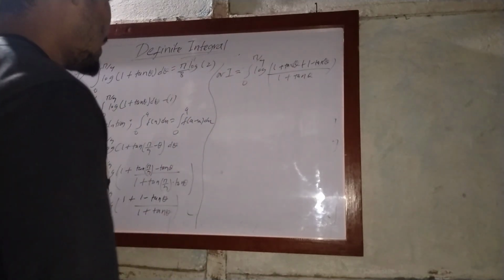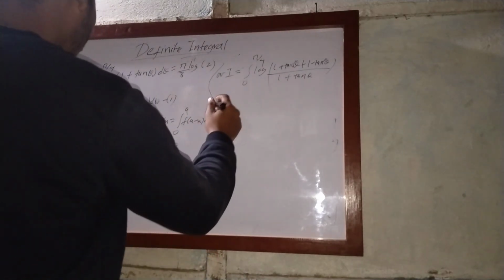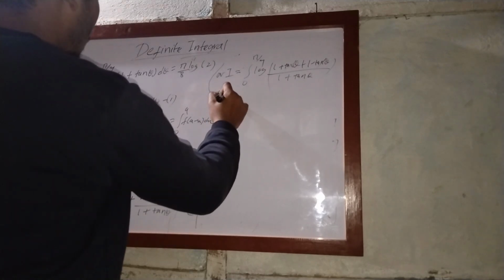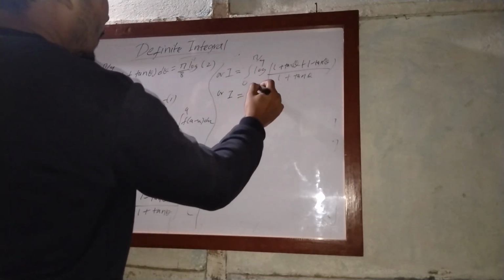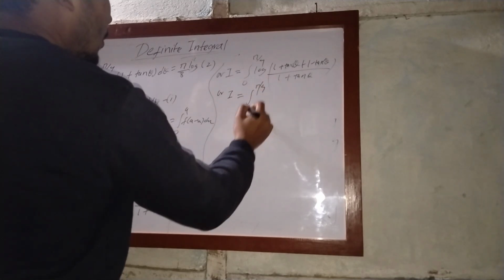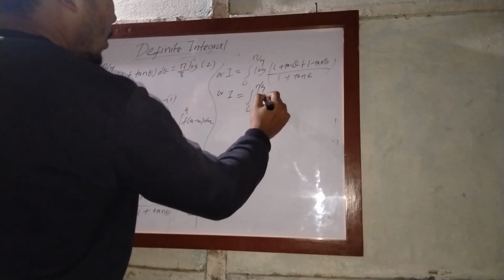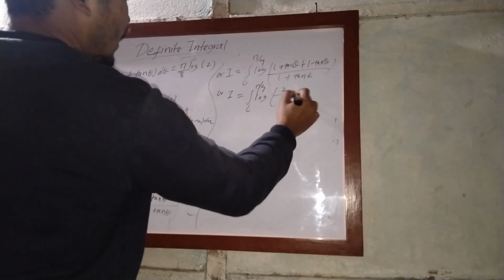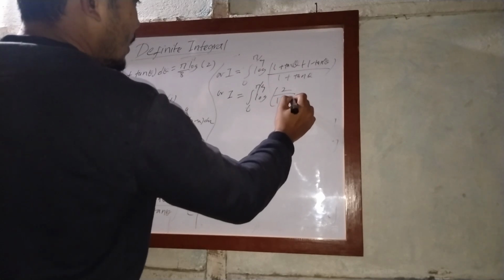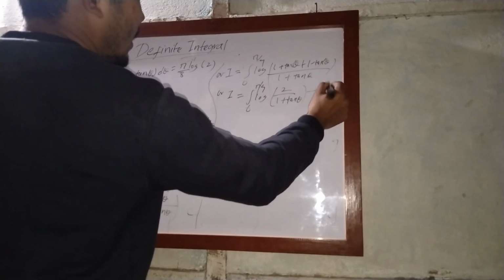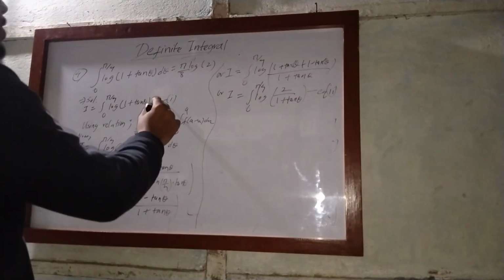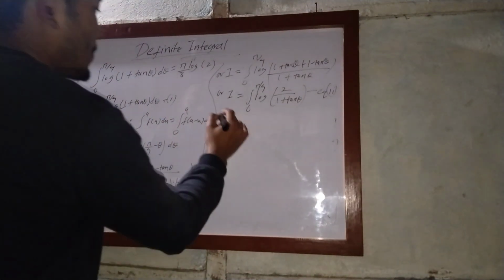So I is equal to the integral from 0 to pi by 4 of log 2 by (1 plus tan theta). This gives equation II.